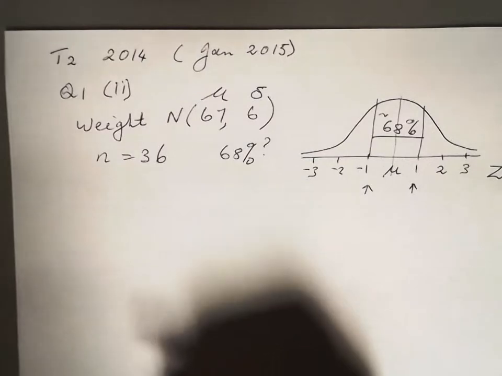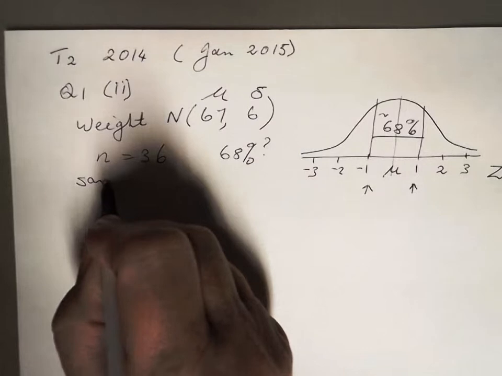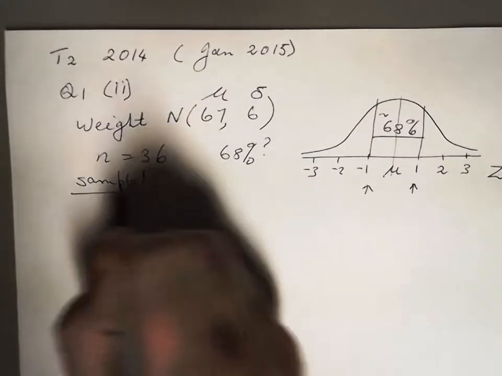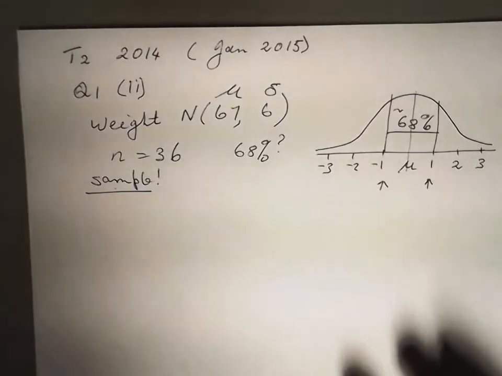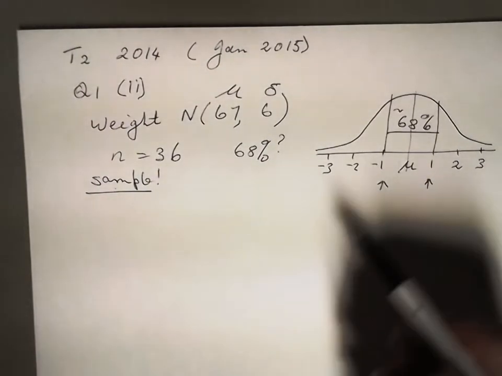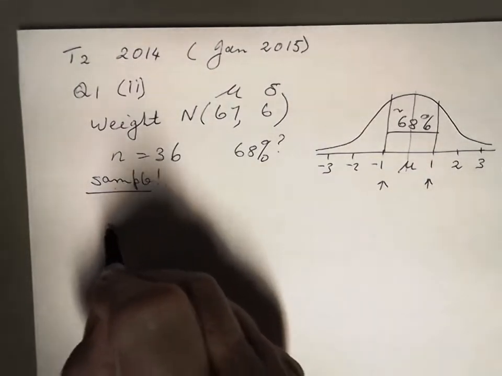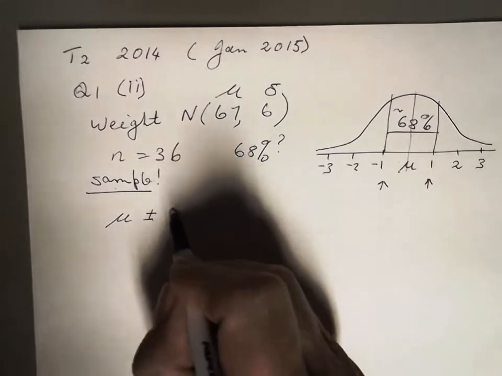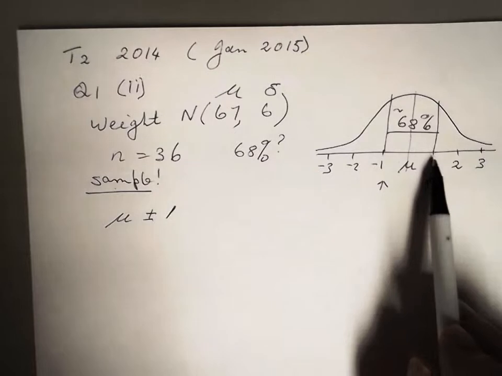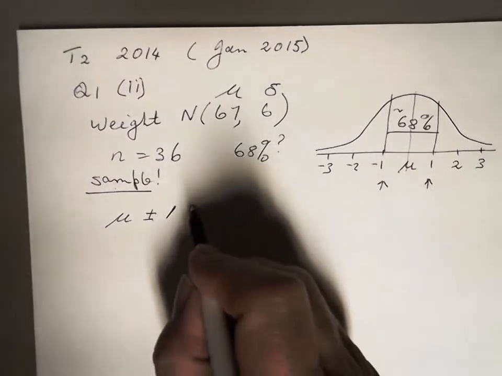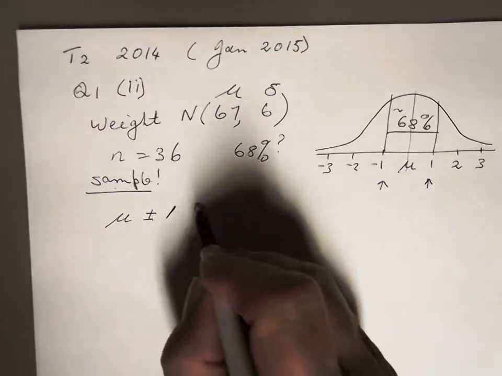So how do we do that? Notice also we want it for a sample, not just an ordinary standard confidence interval. So our confidence interval is going to be plus or minus 1 standard deviation, but with samples we work with standard errors, not standard deviations.